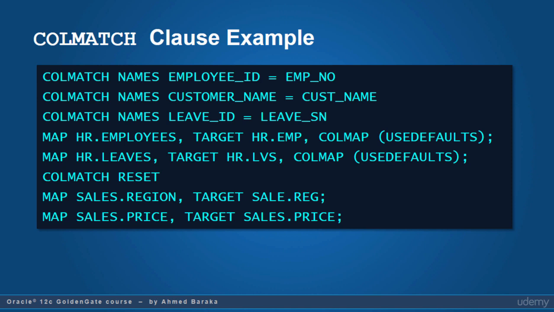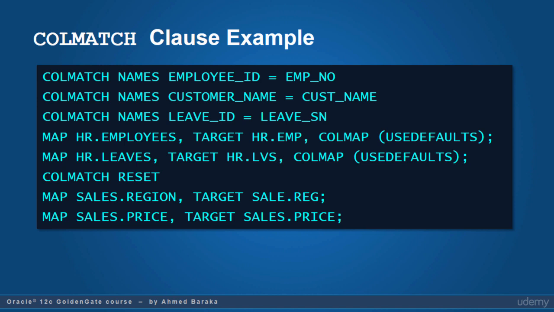This example is showing how to use the COLMATCH clause. This example maps the column employee ID to the column emp number, the column customer name to the column cust name, and the column leave ID to the column leave SN. These mappings will apply to the tables employees and leaves.